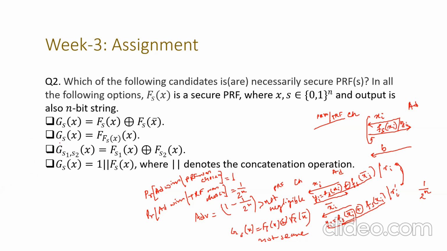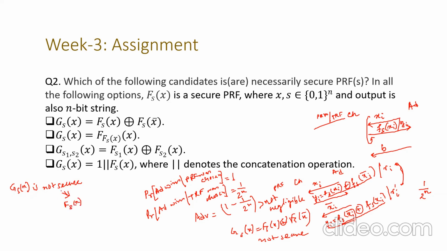Because just imagine that if G were not secure, then using the distinguisher for G, you could find another distinguisher which is able to distinguish the output of the PRF from truly random output, because FSX is itself being used as a key to the PRG. So the fact that GSX is not secure, that is, there exists some distinguisher who is able to distinguish the output of GSX from truly random function output, will imply the existence of another adversary who is able to distinguish FSX from truly random output.